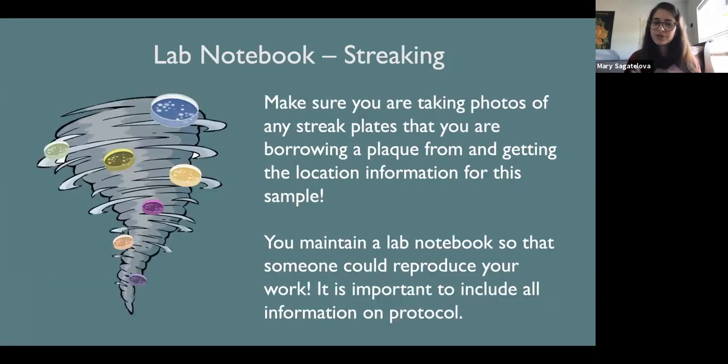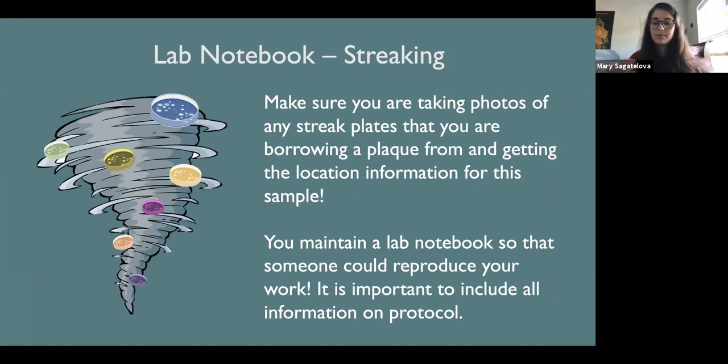And then make sure that you're taking not only photos of plates that you're borrowing from, but also getting their location information. There's been a lot of swapperoos this week in terms of someone's sample didn't work, so they borrowed either from one of our backups or a fellow student that gave us a backup. Make sure you're getting that location information for that sample.